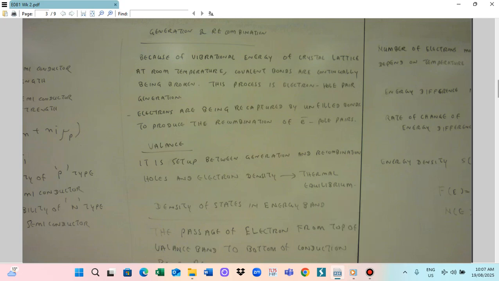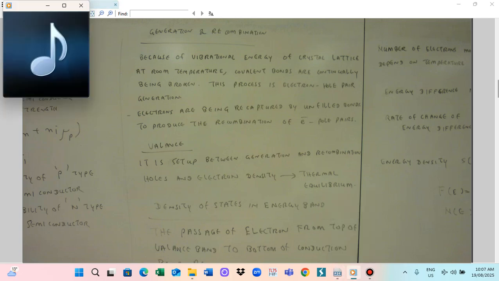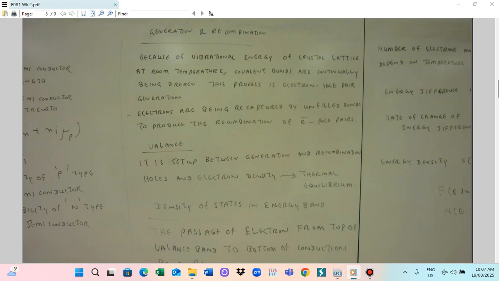This is how thermal equilibrium can happen. So this is the way recombination and thermal equilibrium happen.